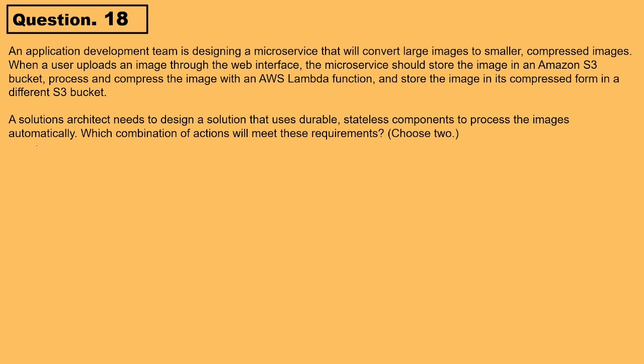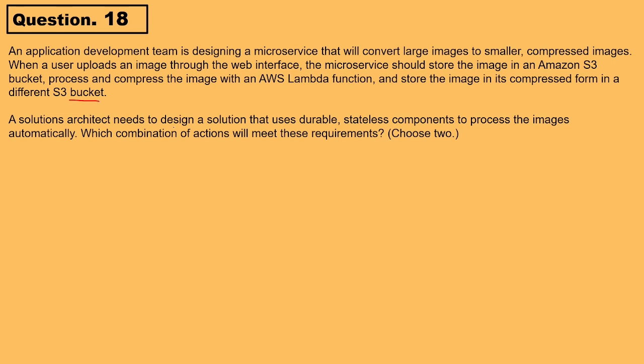Now question number 18. An application development team is designing a microservice that will convert large images to smaller compressed images. When a user uploads an image through the web interface, the microservice should store the image in an Amazon S3 bucket, process and compress the image with an AWS Lambda function, and store the image in its compressed form in a different S3 bucket.